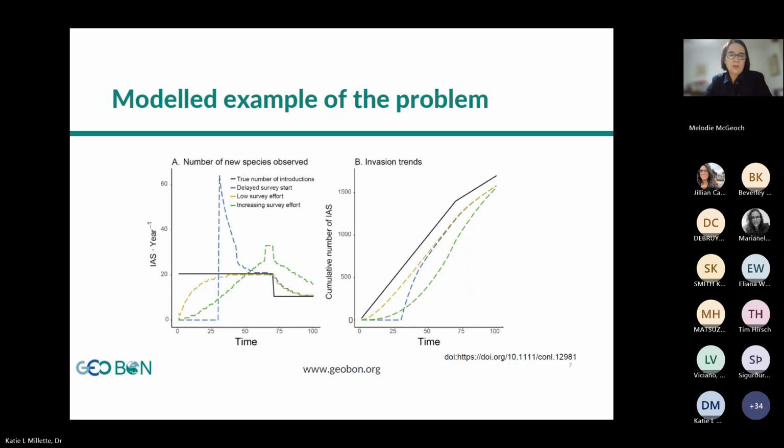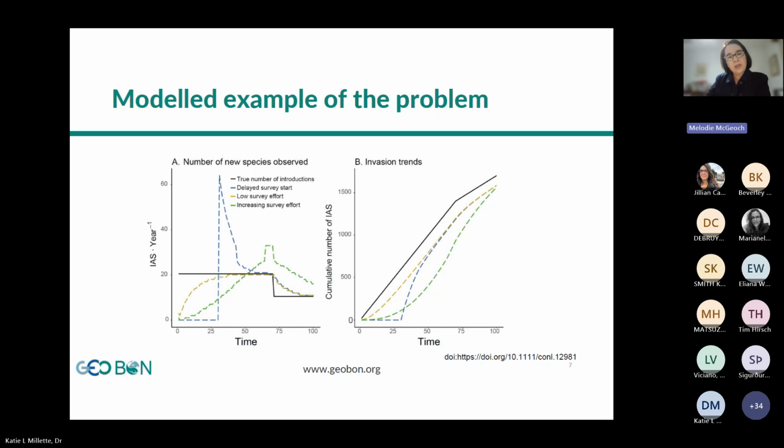So if we were to now model or plot these data, as I explained, where we plot the change in numbers of alien species over time, in black we have the true curve. We don't actually know this true curve, so we have to deal with the dotted lines, but for illustration's sake here, we're showing the actual cumulative numbers of introductions in the black line, and the various estimates based on different survey scenarios.